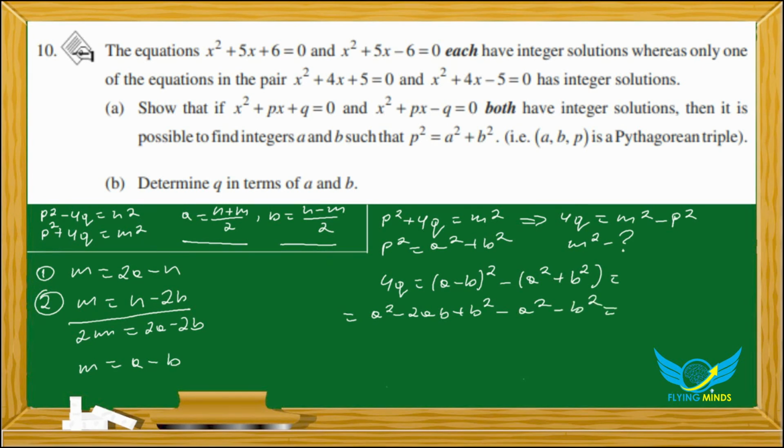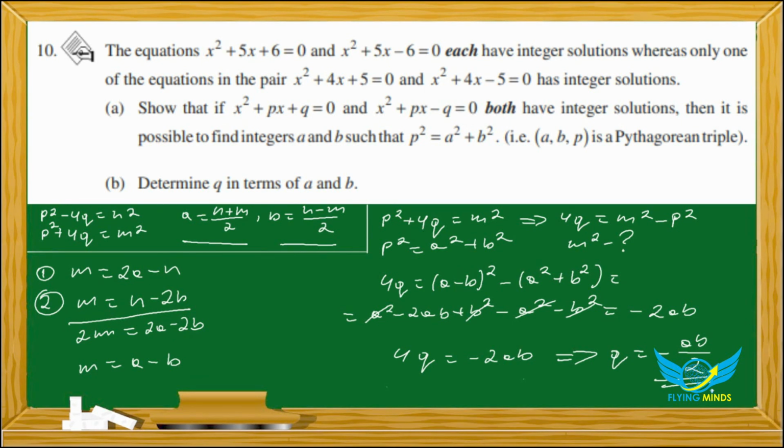So a squared and b squared cancel each other, and we get negative 2ab. So 4q equals negative 2ab, and q equals negative ab over 2. So we arrived at the same answer, so we did everything correctly.